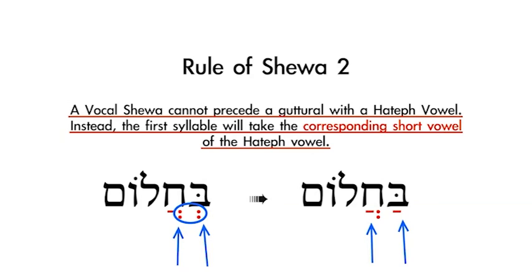Sometimes we call this the copycat rule. That is, the first syllable is going to copy the vowel from the second syllable. That is rule of Shewa 2. So rule of Shewa 1 is that two vocal Shewas at the beginning of the word will produce hirik followed by silent Shewa. And rule of Shewa 2 says that when we have a Shewa and a hatef vowel, that Shewa is going to convert into the short vowel of the hatef vowel.